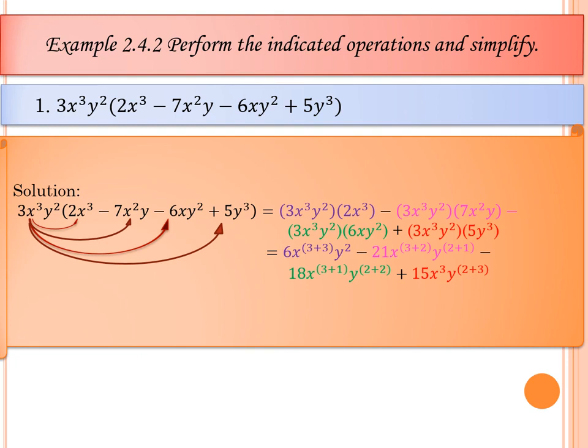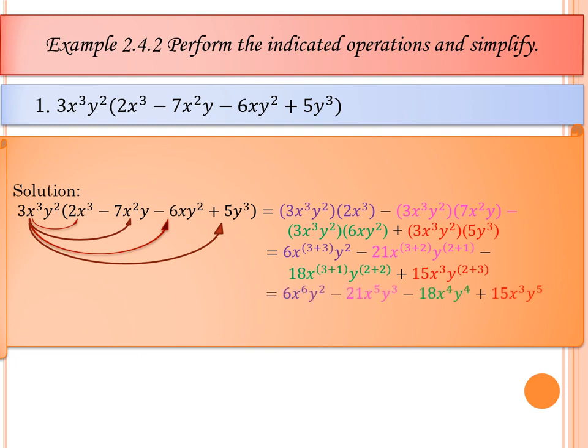And for the last one, see 3x cubed y squared times 5y cubed is just equal to 15x cubed y to the power of 2 plus 3. Since 3 times 5 is equal to 15 and x cubed is just equal to x cubed. Okay, and y squared times y to the power of 3 is just equal to y to the power of 2 plus 3.